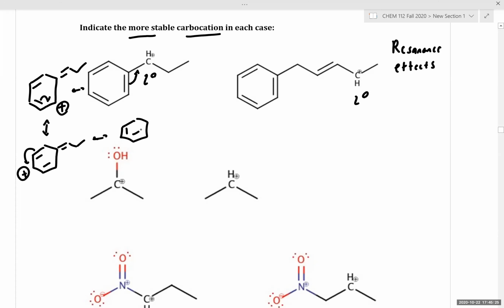So we're able to very efficiently and effectively stabilize our carbocation in this leftmost structure via resonance.